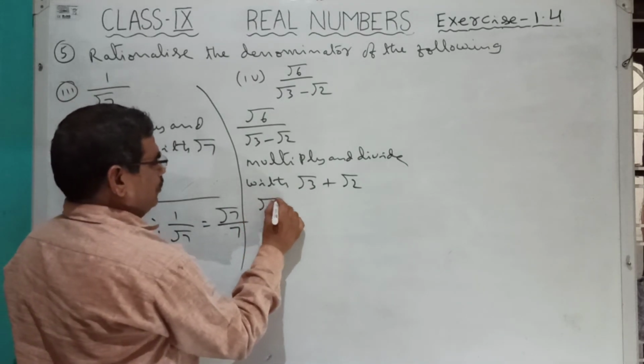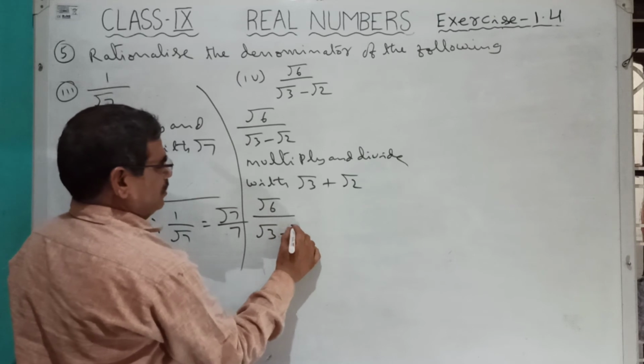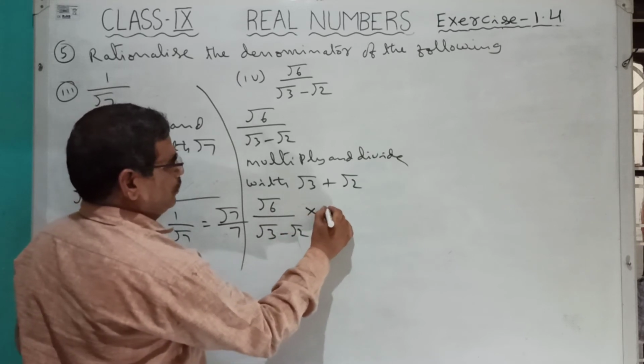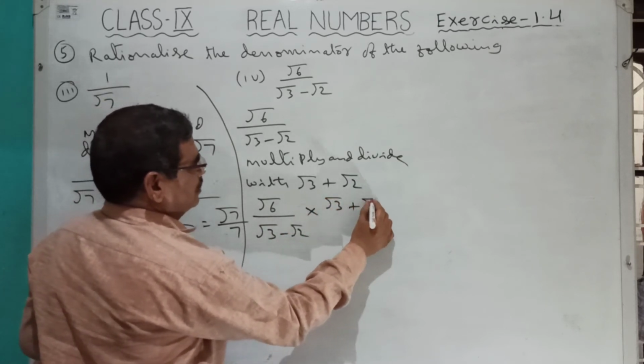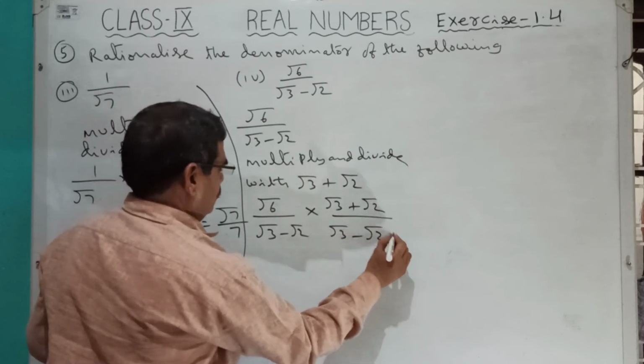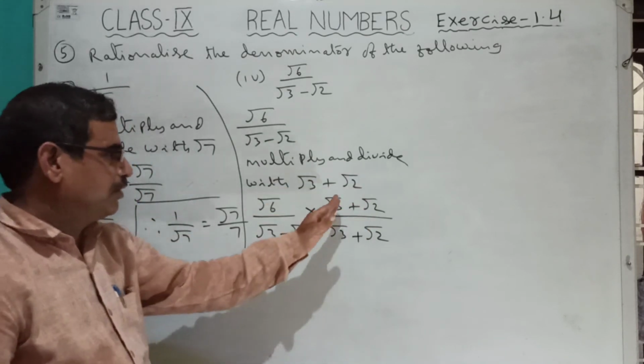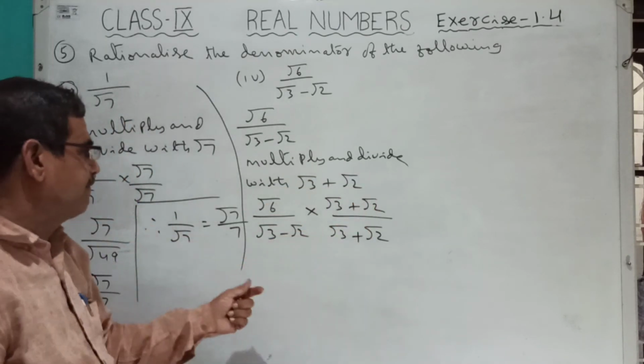So root 6 by root 3 minus root 2 into root 3 plus root 2 by root 3 plus root 2. I have to multiply and divide the same number.